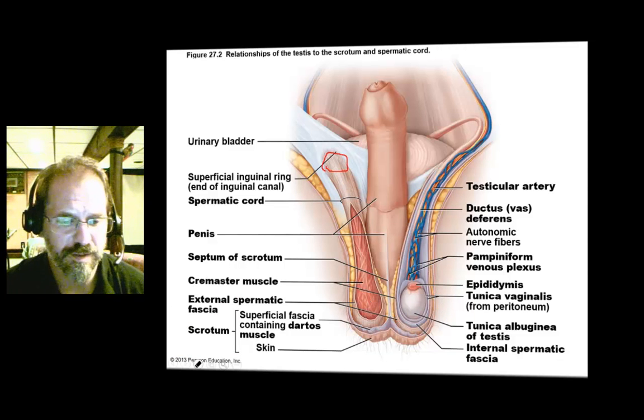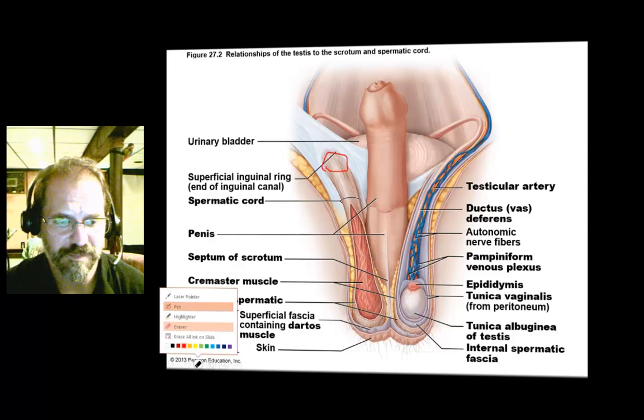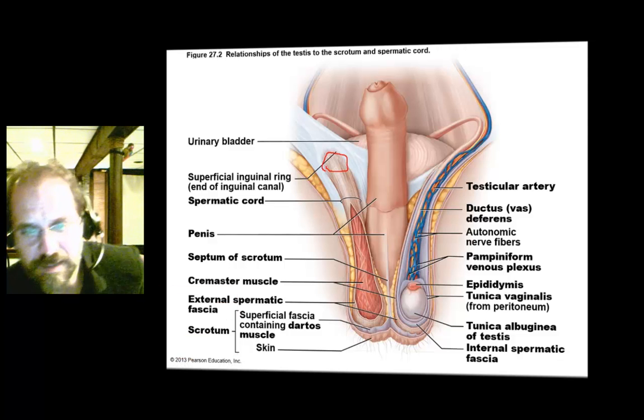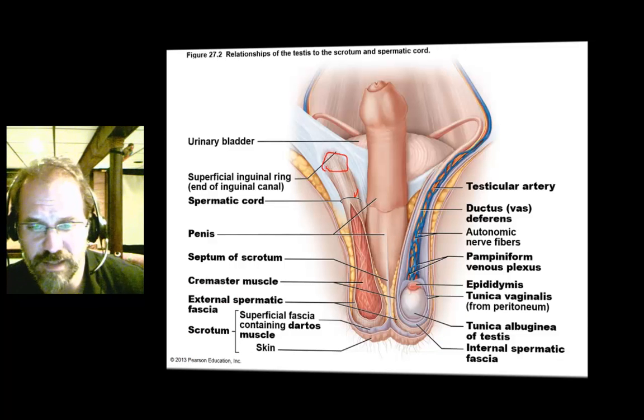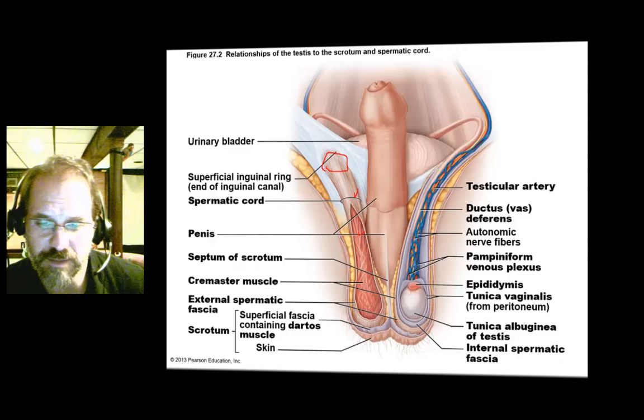And the spermatocord is a multifaceted organ. It has a fascia sheath, a connective tissue sheath on the outside, and you cut underneath that, and you get these fibers of the cremaster muscle here.